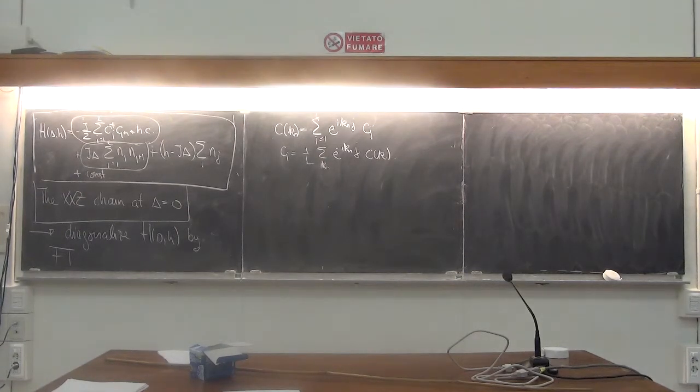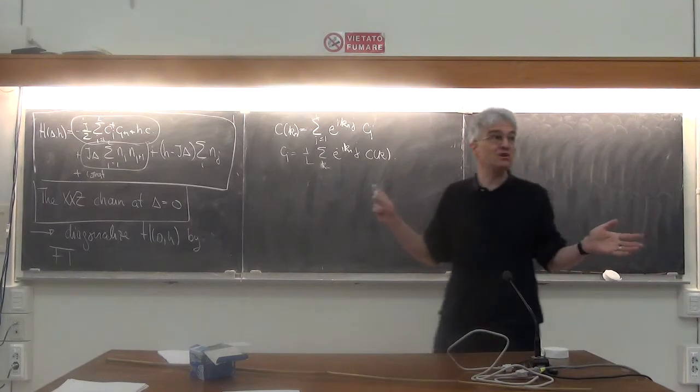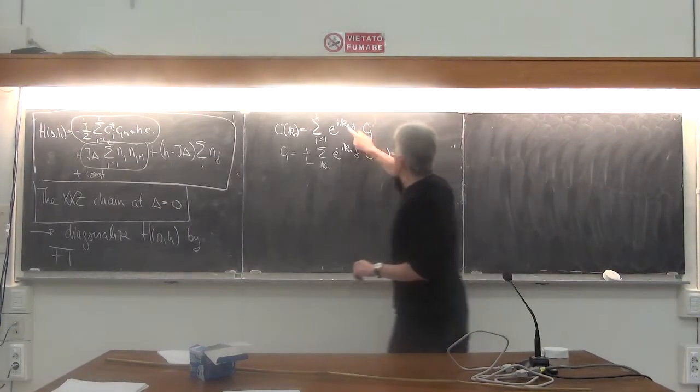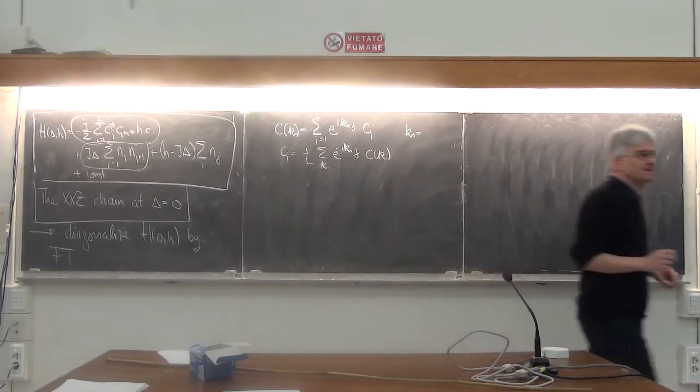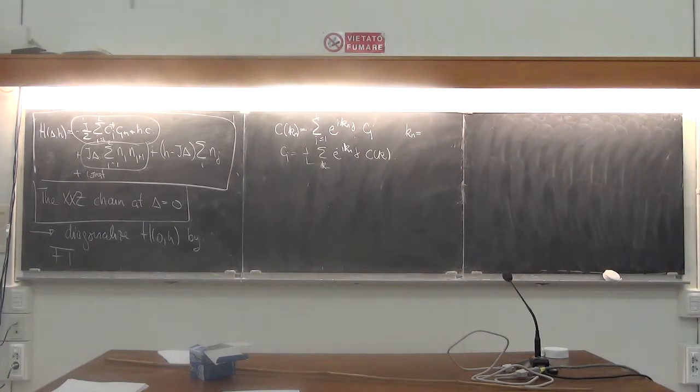Yeah? So, in a finite system, momenta have to be quantized. So, the allowed values here are what? And it's a trick question, which is why I was about to ask you. Depends on the boundary condition. Exactly.